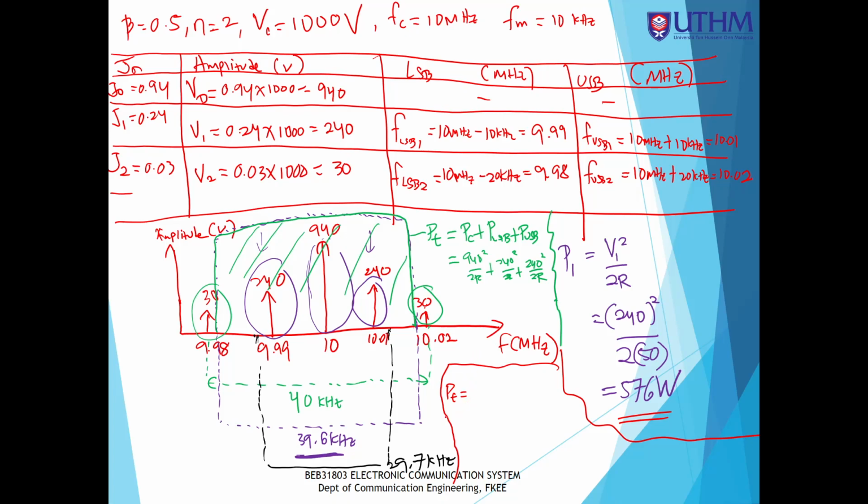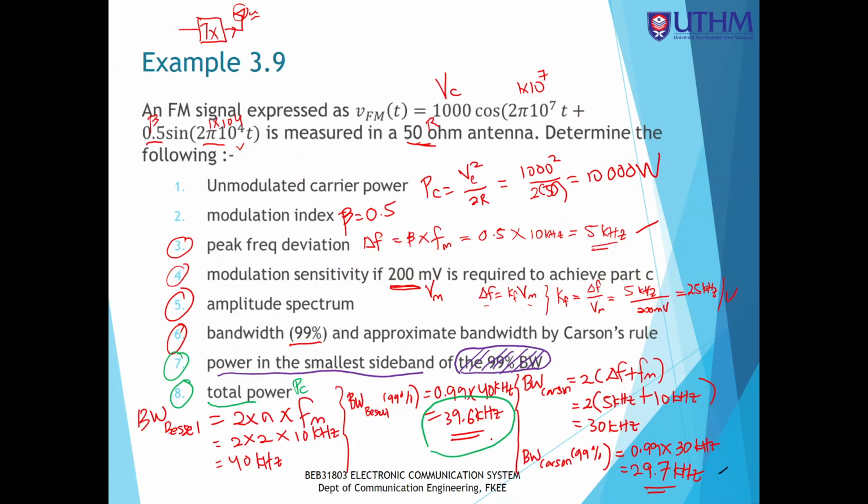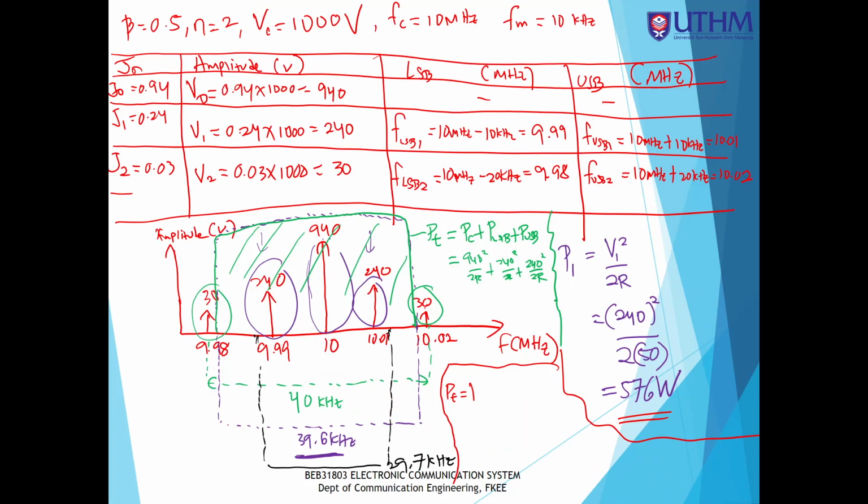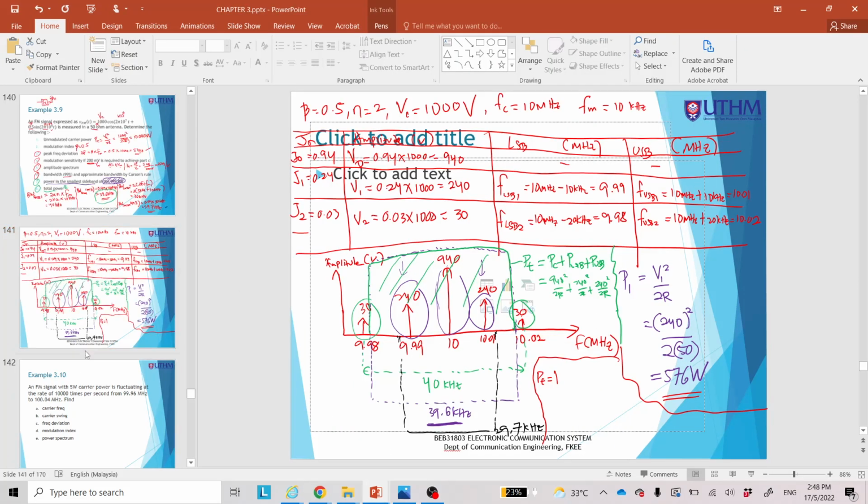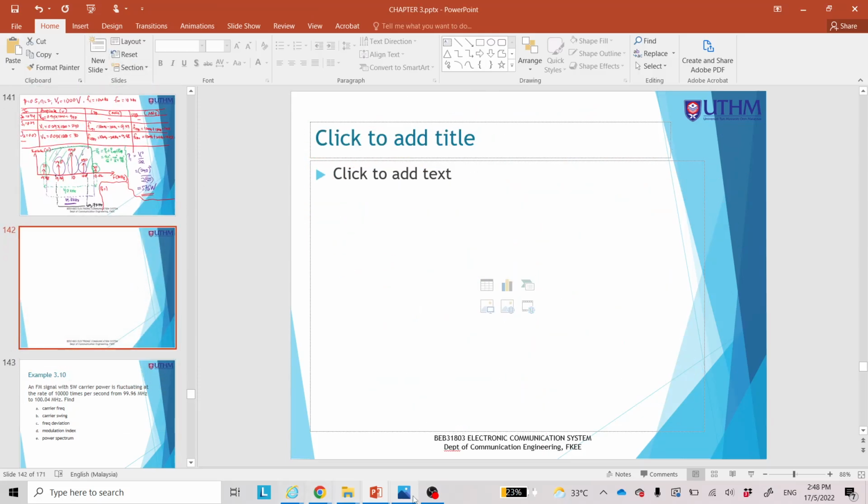I need another slide, so let's add another slide so that I can use it here. So P total is equal to J0 square PC plus 2 times J1 square PC plus J2 square PC.